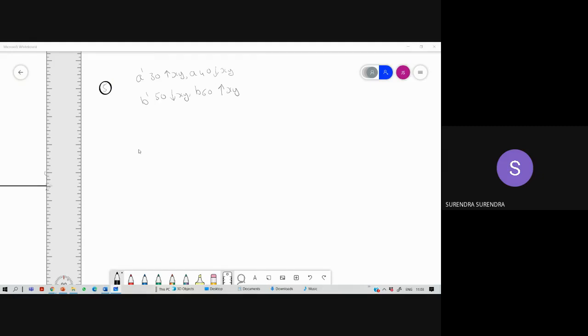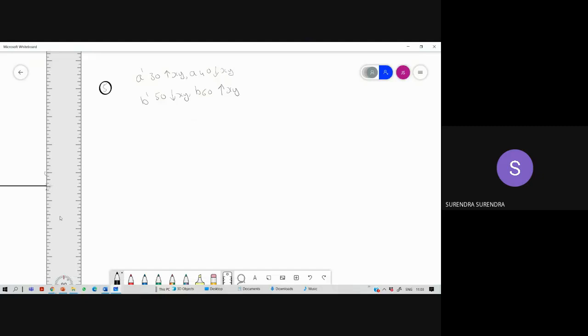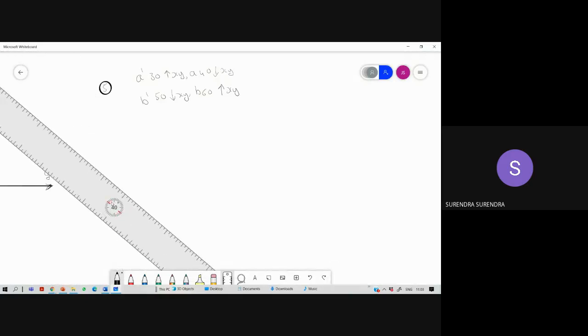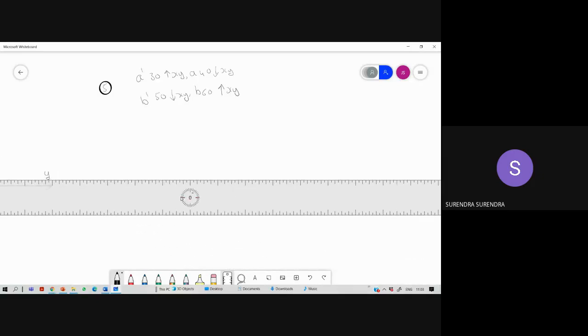Now, what is asked is, given the relations of 2 points, draw the projections of the points A and B, same as the first problem, keeping the projector distance 100 mm. So maintain the projector distance 100 mm and draw. So let us do up to this step. First draw XY line with H pencil.